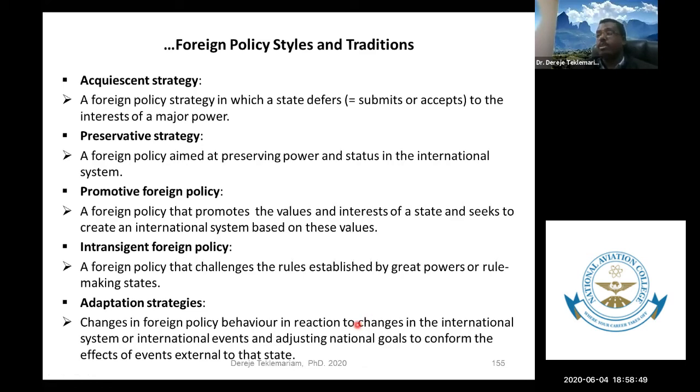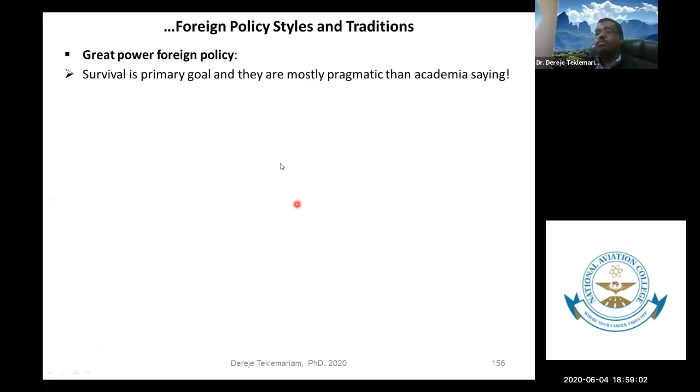Anyway, these are some of the issues that can be promoted by middle power, high power, or even small power states. So since we mentioned them, really, what are the focus areas of great power foreign policy?